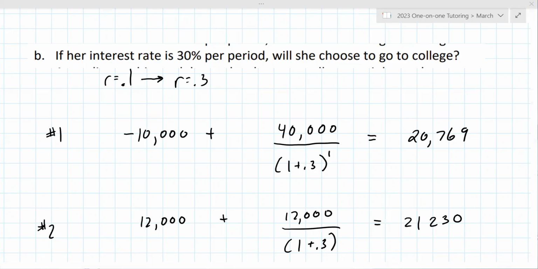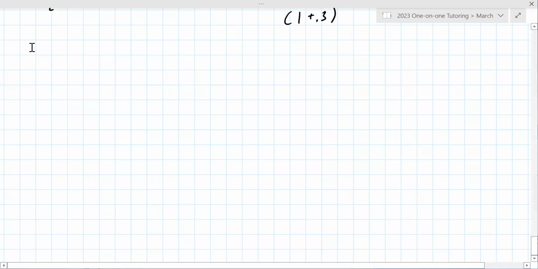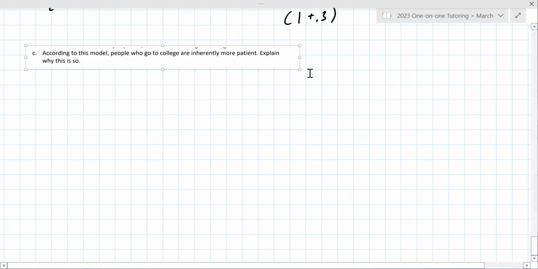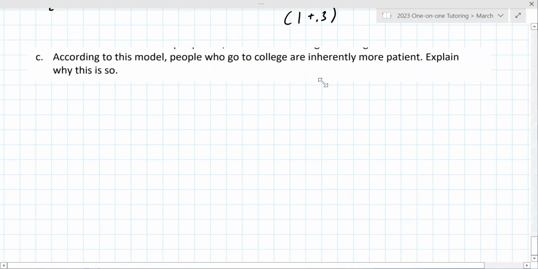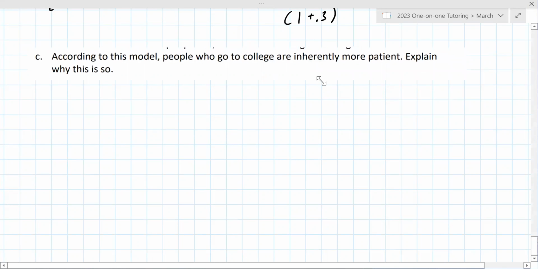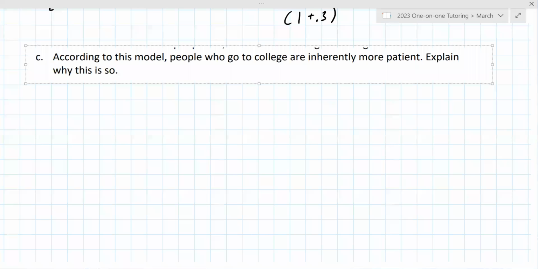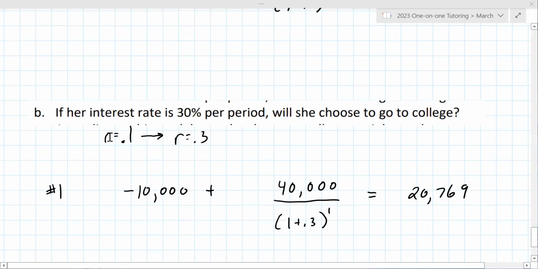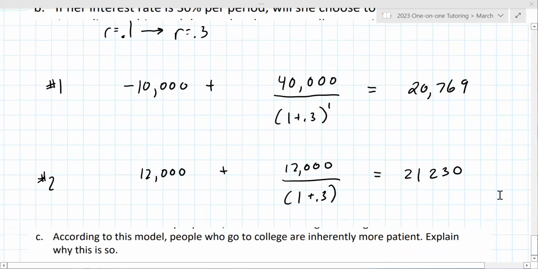Part C. This one actually is pretty fast. According to this model, people who go to college are inherently more patient. Explain why this is so. The answer is really based on the rate, which these aren't reasonable rates; there are no interest rates that high.